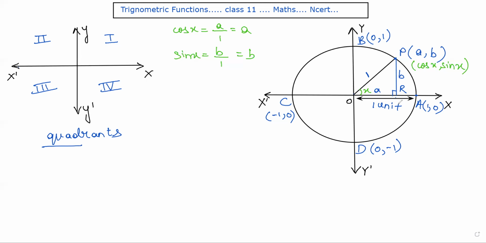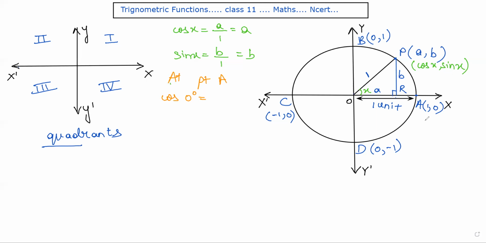Now, what happens at point A? At point A, we observe cos 0. Why 0? Because x will form a 0 angle. Its initial side and final side are the same. So x is 0 at point A. OA will form a 0 angle with itself.